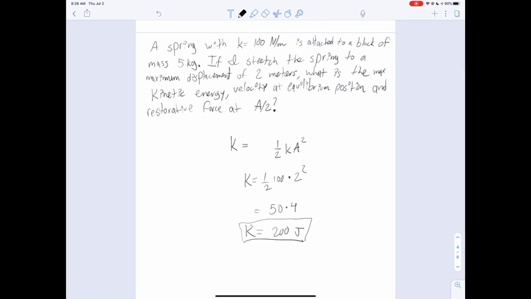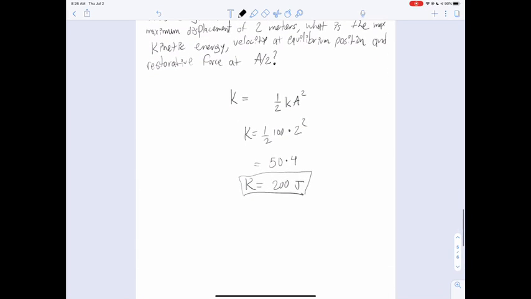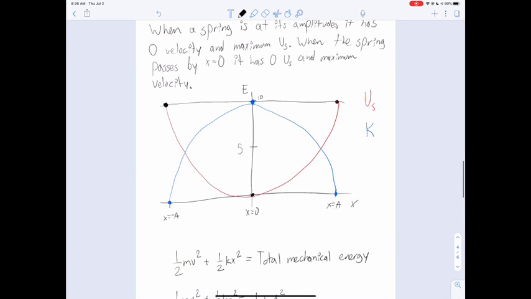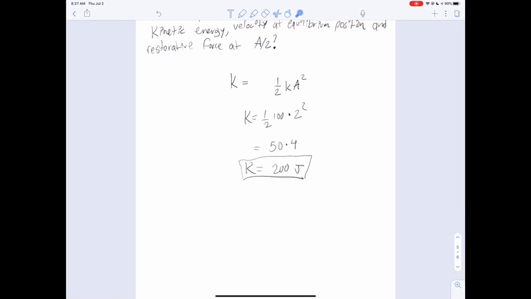Okay, so with knowing this, we know that the maximum kinetic energy occurs at x equals 0, and the next question asks us what the velocity at that point is. So it's a very straightforward step from here. We know what the K is at that value, so now we just set this equal to 1/2 mv squared, and we start solving our equation for velocity. So first I multiply by the 2, then I divide by the mass.